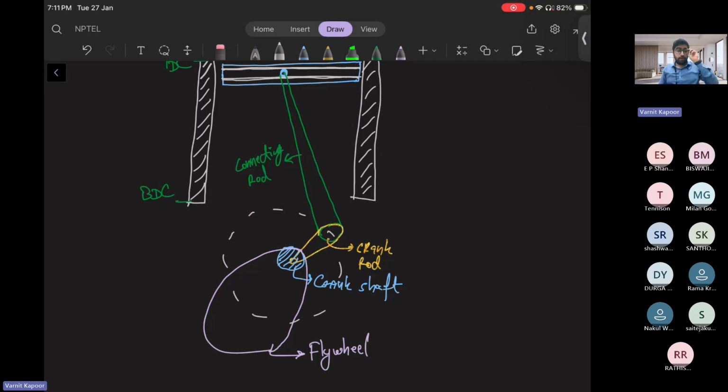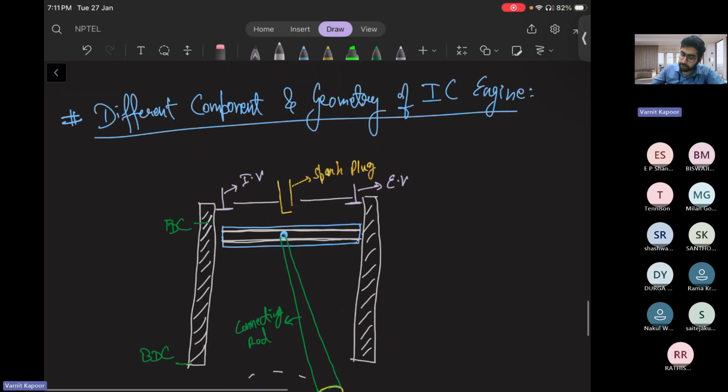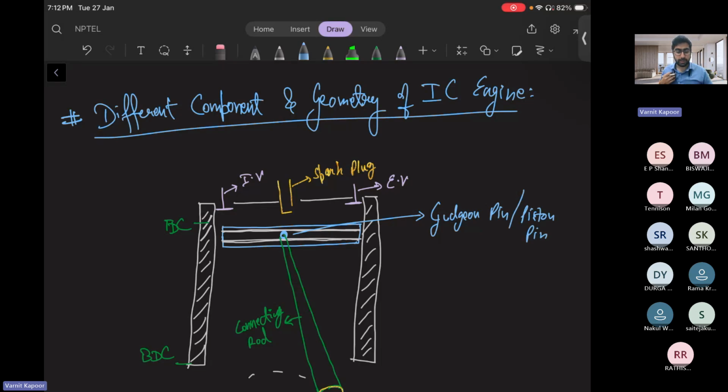So this crank rod moves in a circular motion as the piston cylinder device moves. Okay, so this is your gudgeon pin right here, or you can say it is a piston pin, which connects the piston and connecting rod.